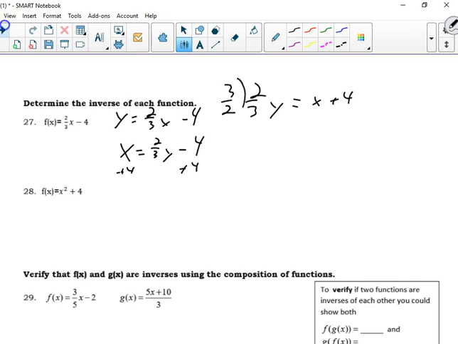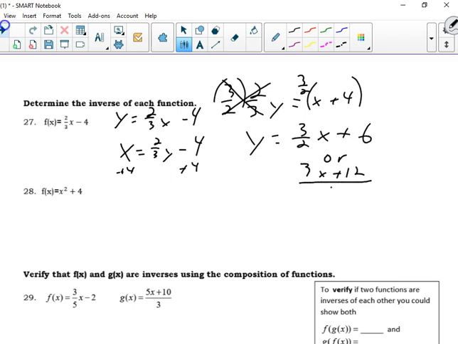I multiply by 3 halves. And I multiply by 3 halves here. Cancel, cancel. Y equals, I can say 3 halves x plus 3 times 4 is 12, divided by 2 is 6. Or 3x plus 12 over 2. Same thing.